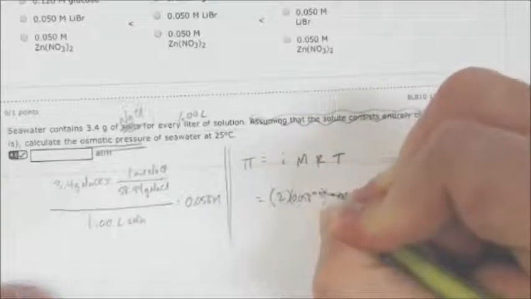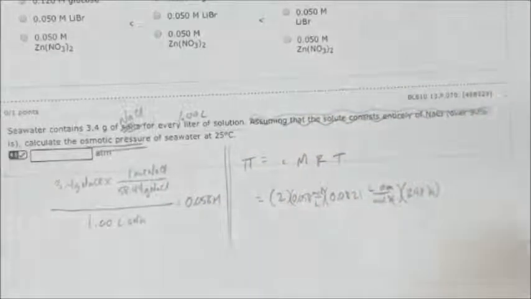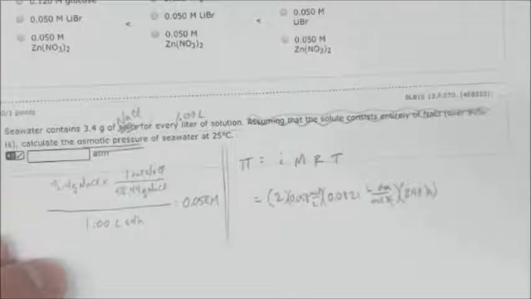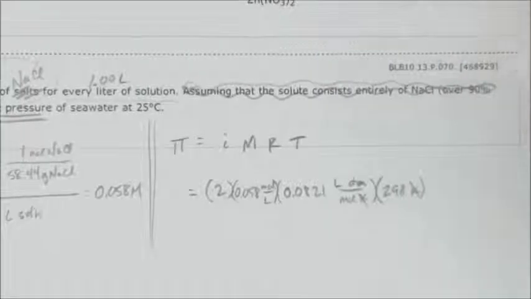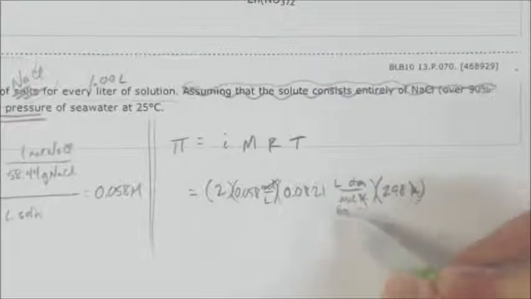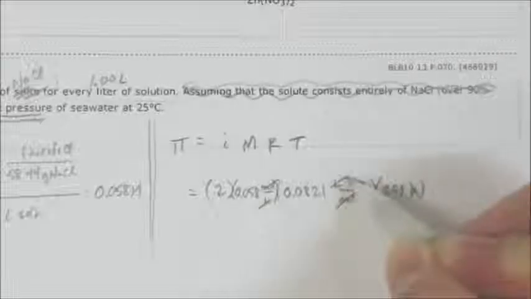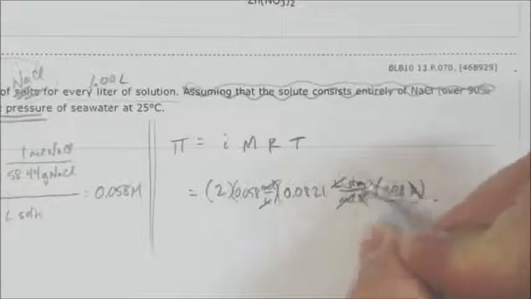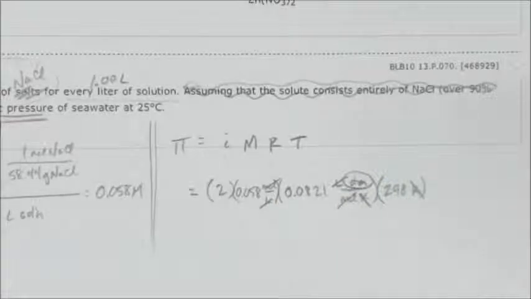I'm going to write the units as moles per liter for purposes of seeing how things cancel out. You can see that the mole cancels with the mole, the liter cancels with the liter, and the Kelvin has already canceled. That leaves units of atmospheres, which are units of pressure, which is what we're trying to solve for.